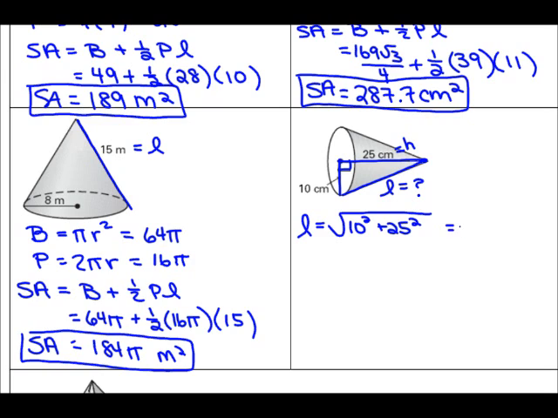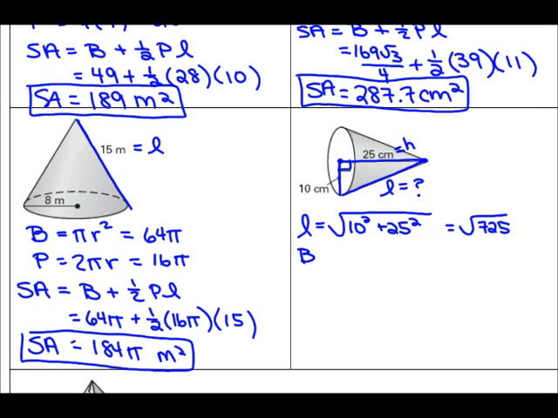And we just want 1 round per problem, so that's going to be the square root of 725. No need to try to simplify those radicals because you're just going to plug it into another formula and you're going to be getting a decimal, so no need to simplify it. You're going to be rounding it off here in a second anyway. Okay, so square root of 725, leave that as it is.